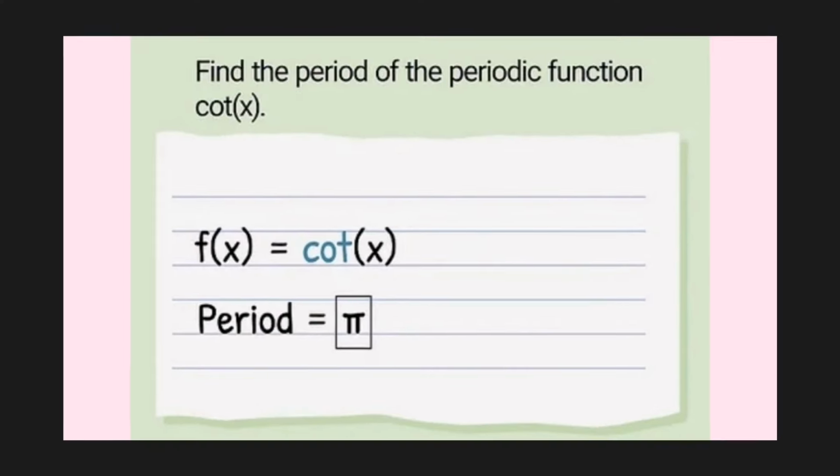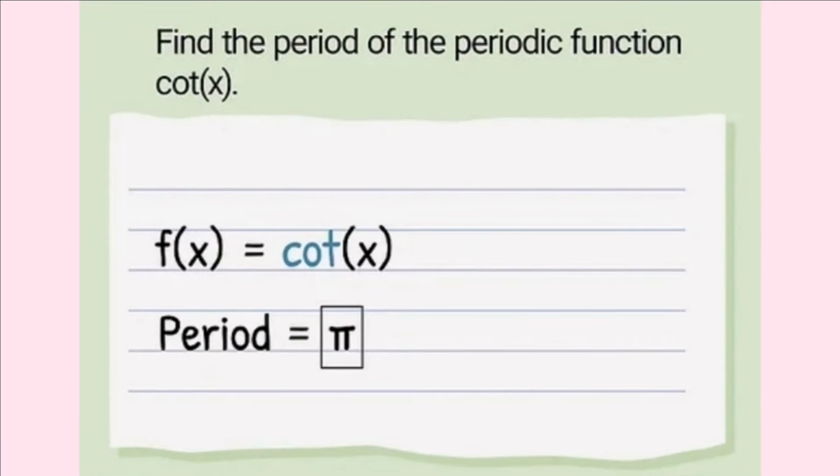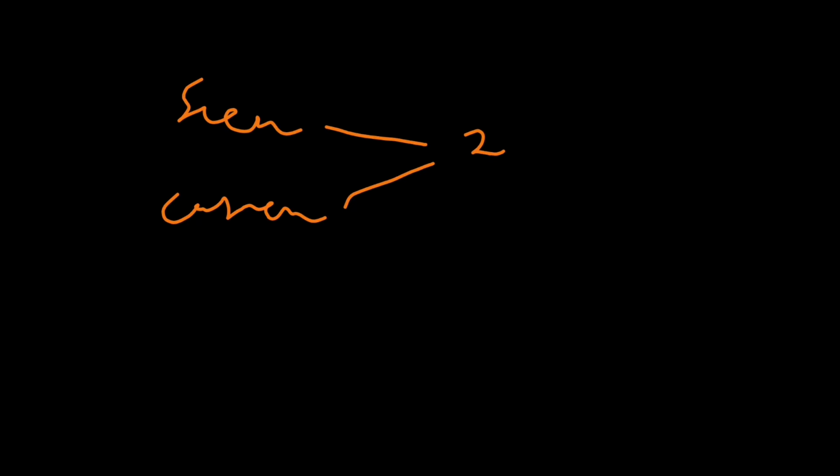Find the period of the periodic function cot x. We already discussed that the period of cotangent is pi. Now, what is the period of sec x and cosec x? The period of secant and cosecant both is 2 pi, because the period of sine and cos is 2 pi and secant is the reciprocal of cos.